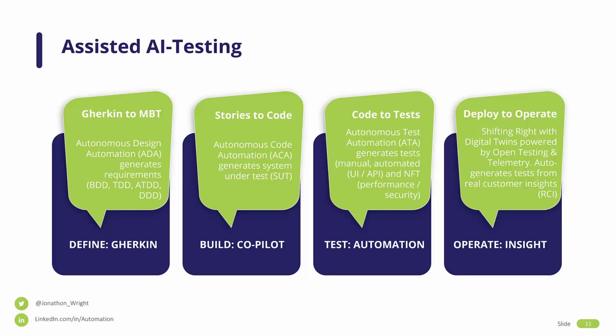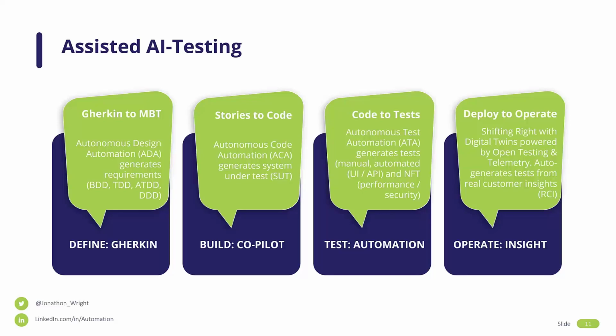So the first example I'm going to give you is auto generation of Gherkin. We know ChatGPT can create a Gherkin script, and we can then take that Gherkin script and turn it into a model. So model-based testing, again back to ISO 29119 Part 8, which I was on the committee for.